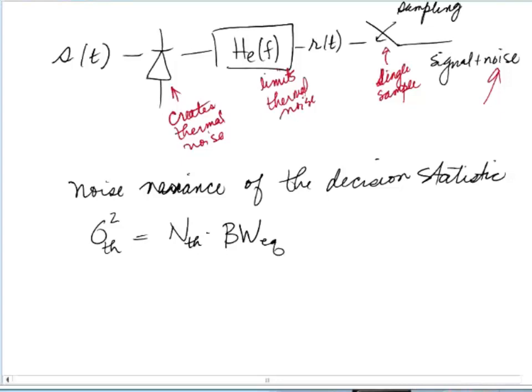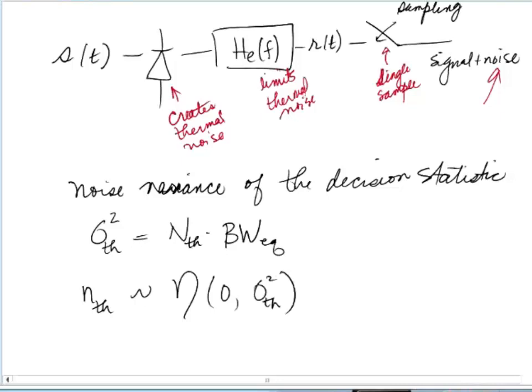Clearly this is Gaussian, since the noise is Gaussian and the filter is linear. We have a linear manipulation of a Gaussian process, so this is also Gaussian. So we would say that the thermal noise has a Gaussian distribution, which is zero mean and has a variance.